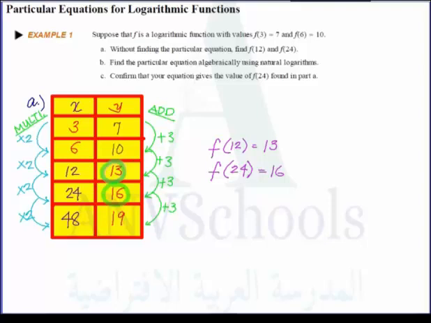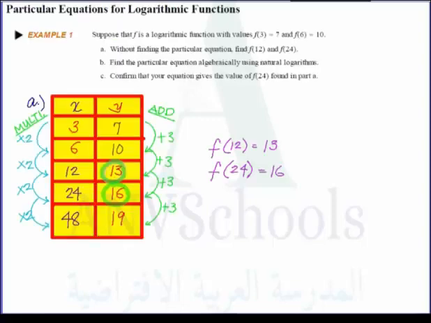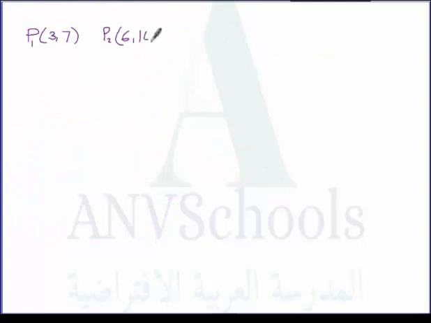So what are our points? Point 1 is 3 and 7, and point 2 is equal to 6 and 10.